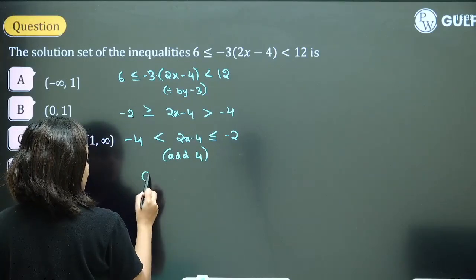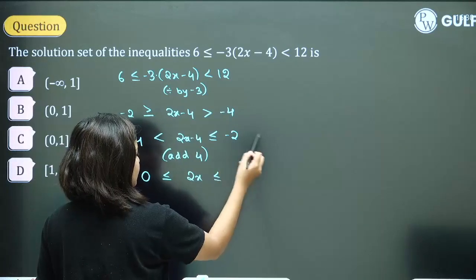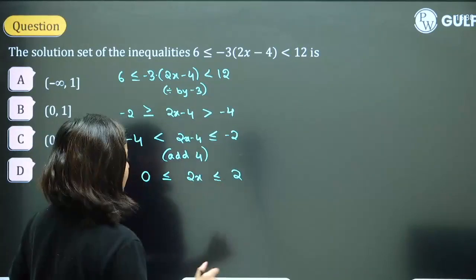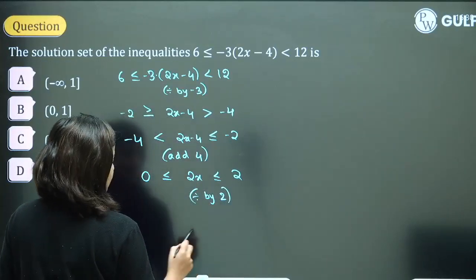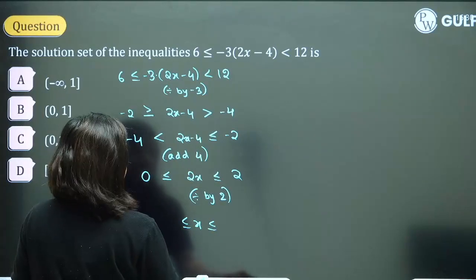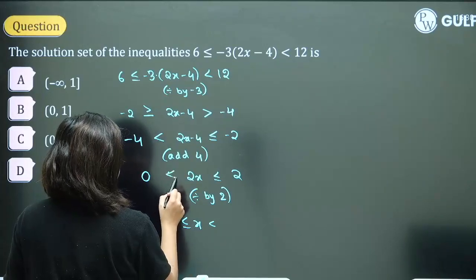Minus 4 plus 4, 0. In between 2x, and here minus 2 plus 4, 2. Well, 2 has to be divided. Divide by plus 2 to get only x in between. Plus 2 is a positive number, so no need for tension.